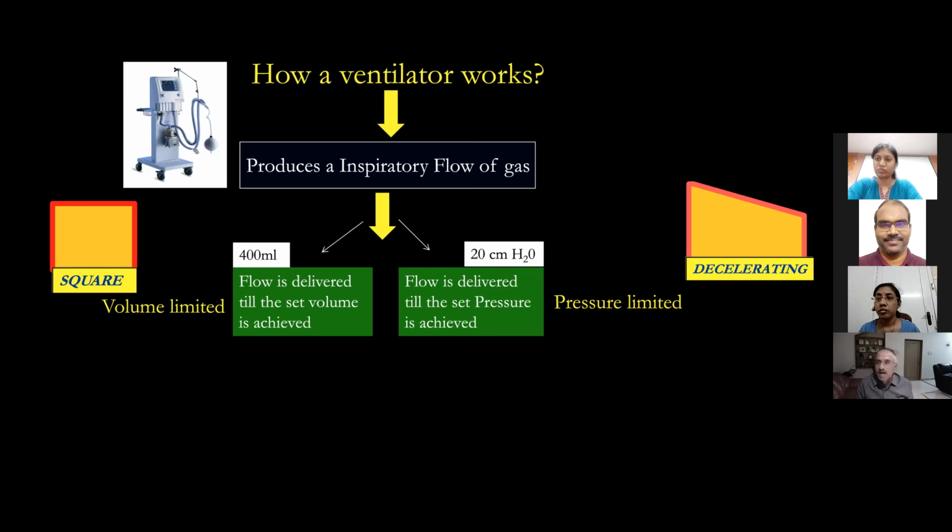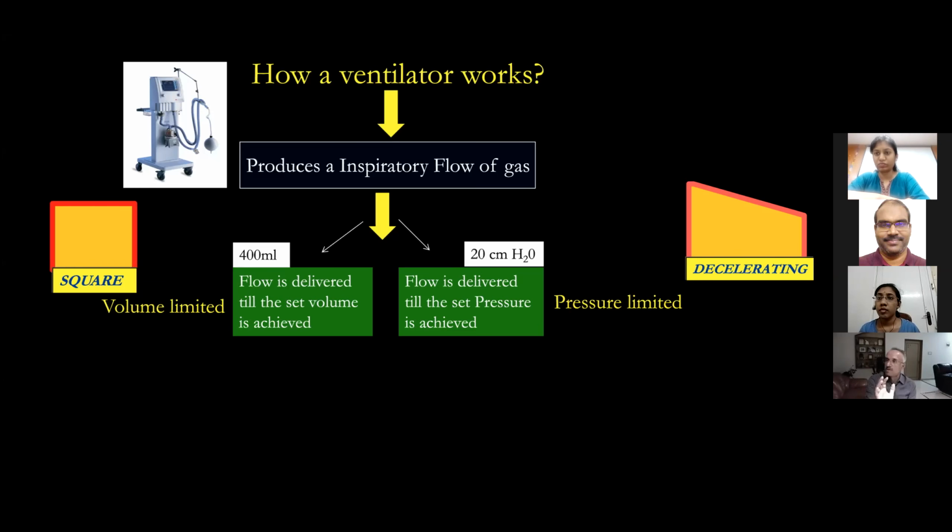This is how your pressure ventilation happens. So it mimics your normal breathing. It is more comfortable to the patient. So whenever the patient starts breathing, always shift the patient from volume limited ventilation to a pressure limited ventilation. Understood? Because the flow is decelerating, meaning till the pressure reaches 20 centimeters, the flow is more.